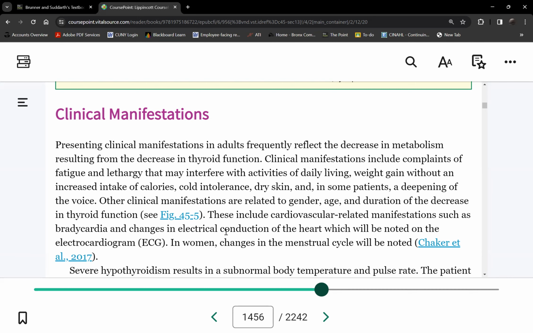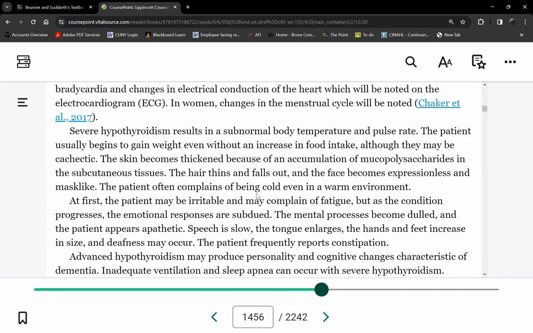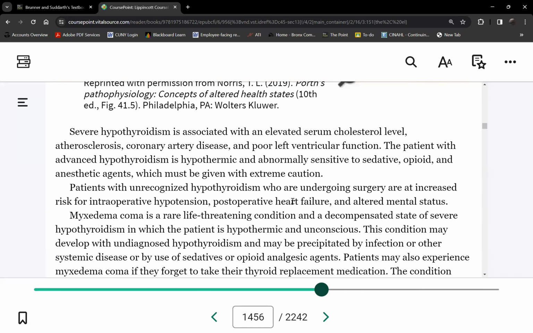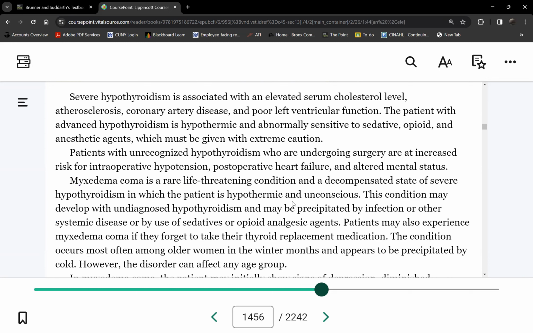In myxedema, like I mentioned earlier, this is now severe hypothyroidism. This can be life-threatening because cardiac function is impaired here. The patient will have really low blood pressure and heart rate, although there's supposed to be a reflex tachycardia because of low cardiac output.